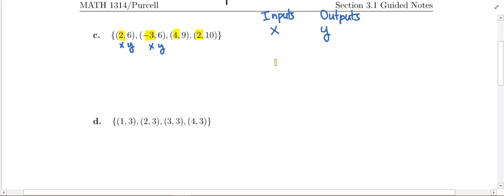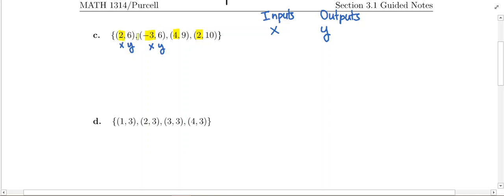I'm going to make my input column first, and to make this very readable, I want to arrange these inputs in ascending order. And if you notice, 2 is appearing twice. We have 2, 6 and 2, 10. So 2 appears twice as an input. Do not write duplicates.